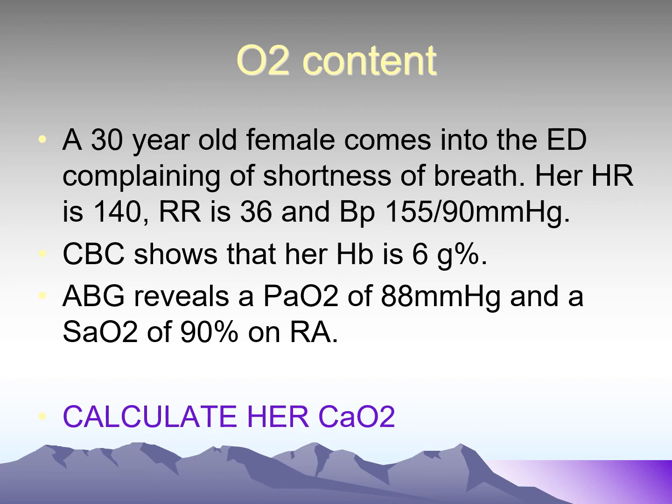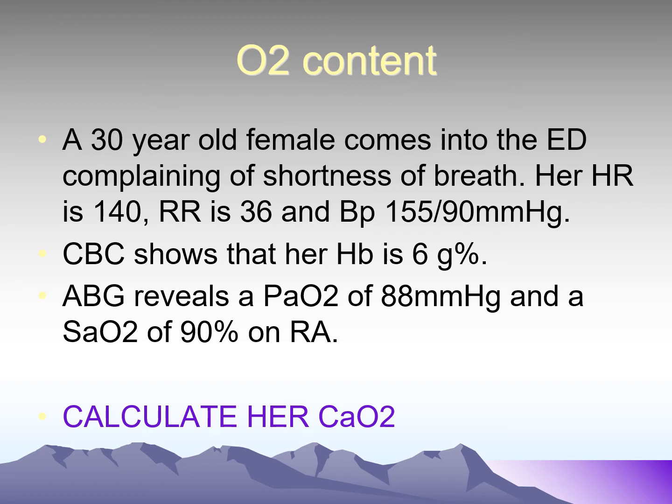Okay, so if you had a moment to get your math done, you should have come up with a number of 7.5 for your CaO2. Is that a normal number? No, because we just said that our CaO2 should be about 15 to 20 volume percent, and we got 7.5.